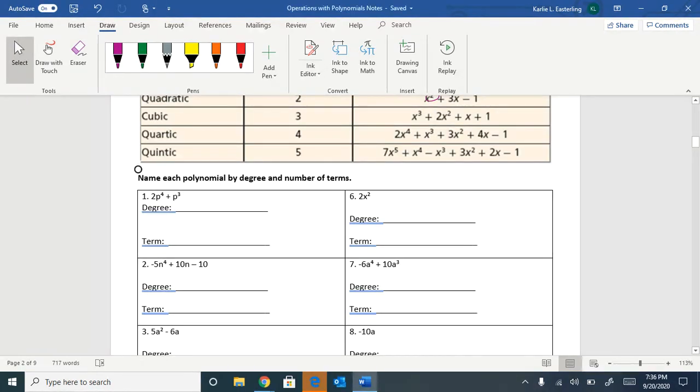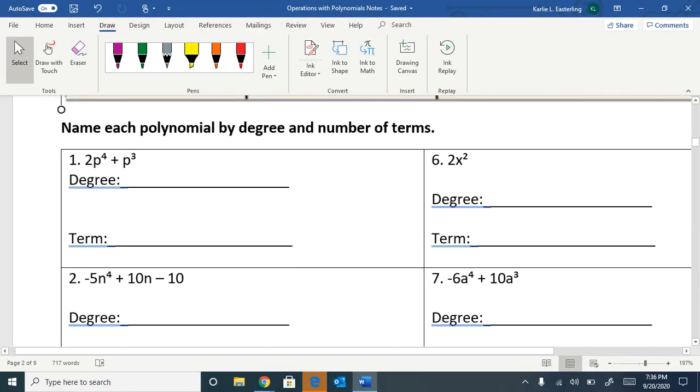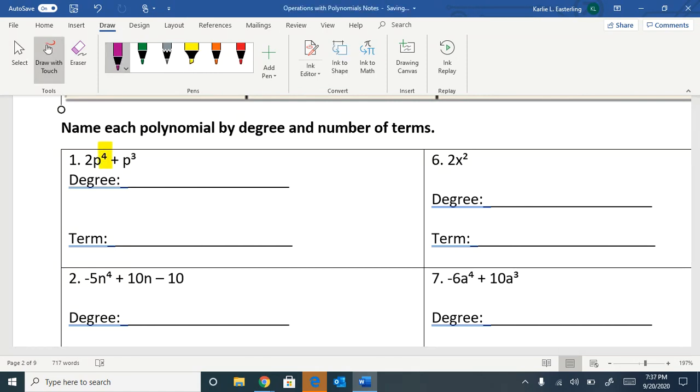We're going to classify some of these down here. If we're looking at number 1, the highest degree in this problem is 4. Whenever we are classifying by degree, you can look up and see that this would be a quartic. And looking at the number of terms, we have 2 terms, so we are looking at a binomial.